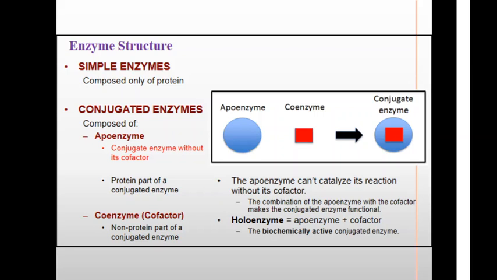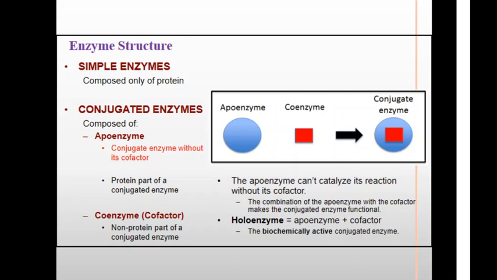Now, if the non-protein part is removed from the conjugated enzyme, then the enzyme is not functional. So, such a conjugate enzyme is also generally referred to as a holoenzyme. That is one which consists of a protein part and a non-protein part which is absolutely necessary for its enzymic functions.